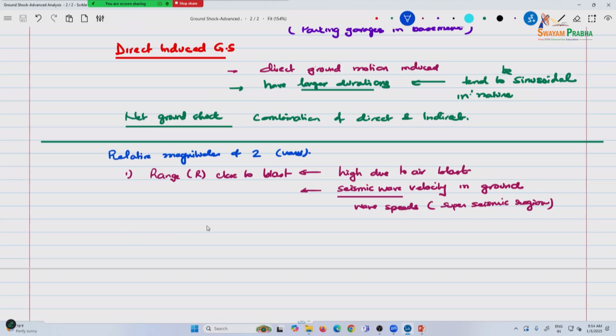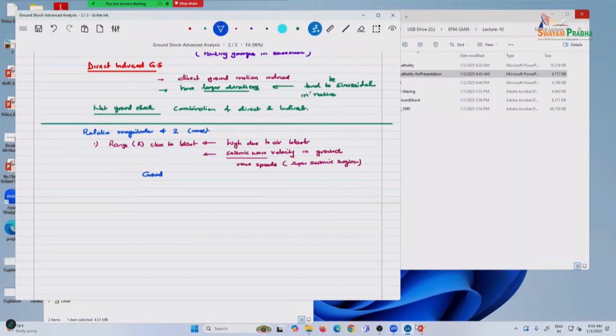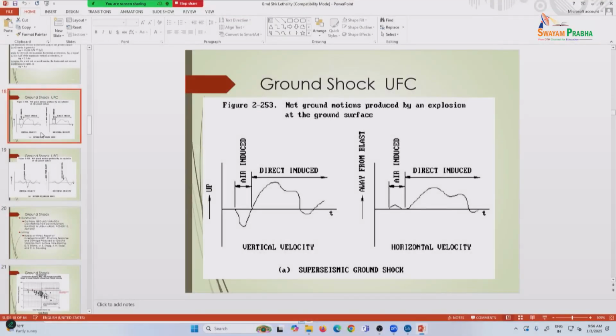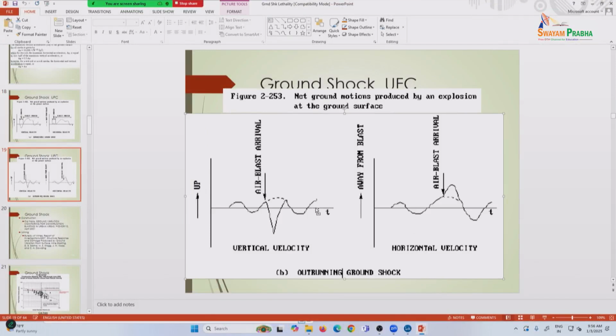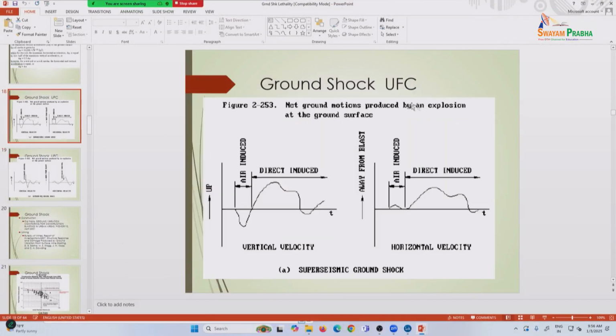Then this is where the ground shock actually, let me see if I have an image of that. So the first one is, if you see the net ground motions produced by explosion on the ground surface.